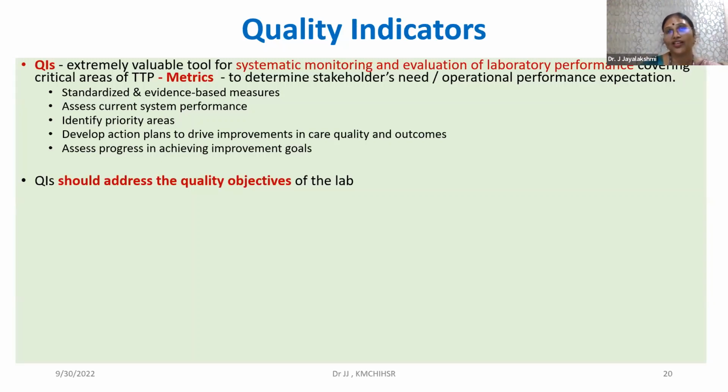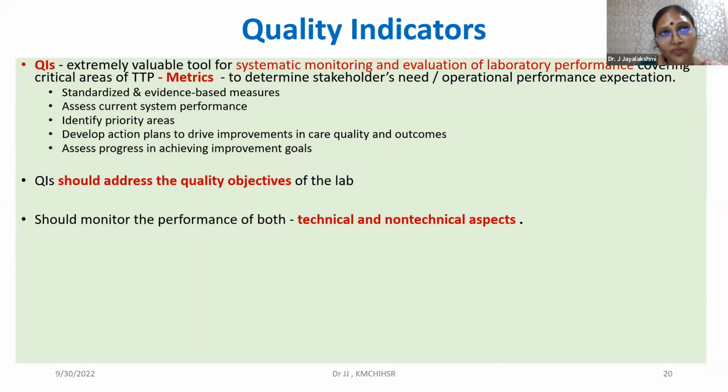And that is one of the requirements in the clause. And so it's easy for some people. It's not easy. It's a must for some of our assessors to mark that as a non-conformity or non-compliance to requirement. So when you have defined your quality policy and you've written your quality objectives, okay, list them down and then see which of the quality indicators are addressing these quality objectives that you have defined for your laboratory. Right? Now, it should monitor the performance of both. There could be a technical component and the non-technical aspects as well.